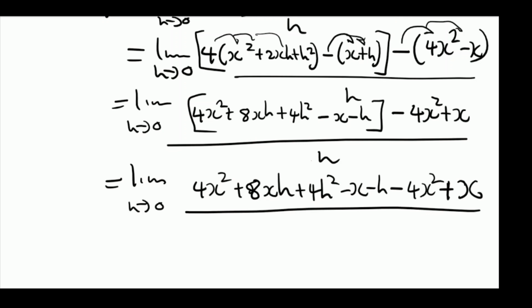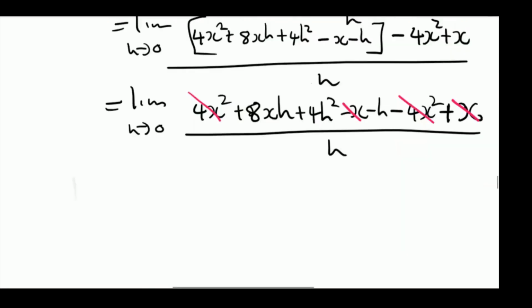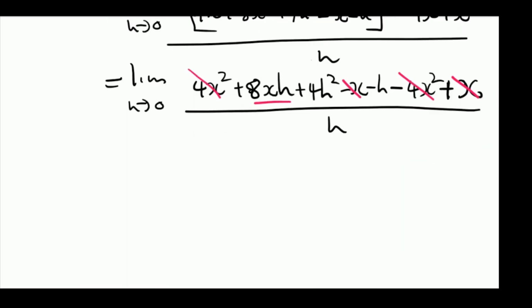Now we're going to cancel out this minus 4x squared with this plus 4x squared, and the x goes away with this x.